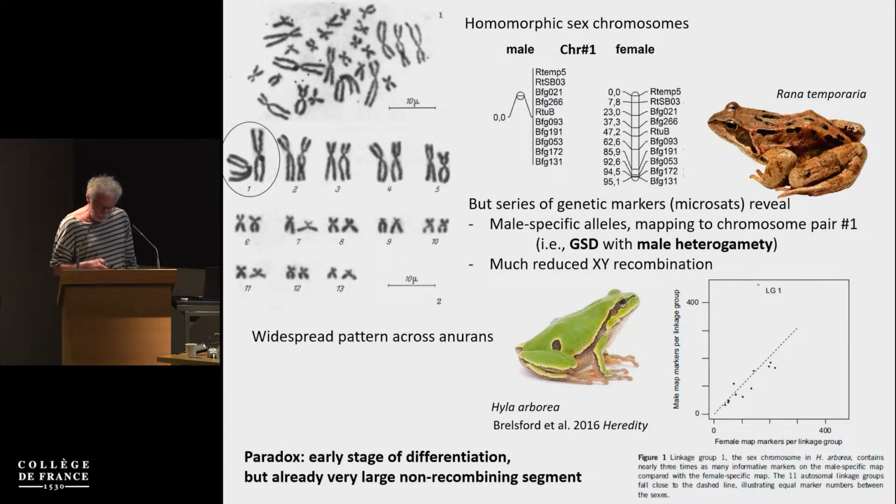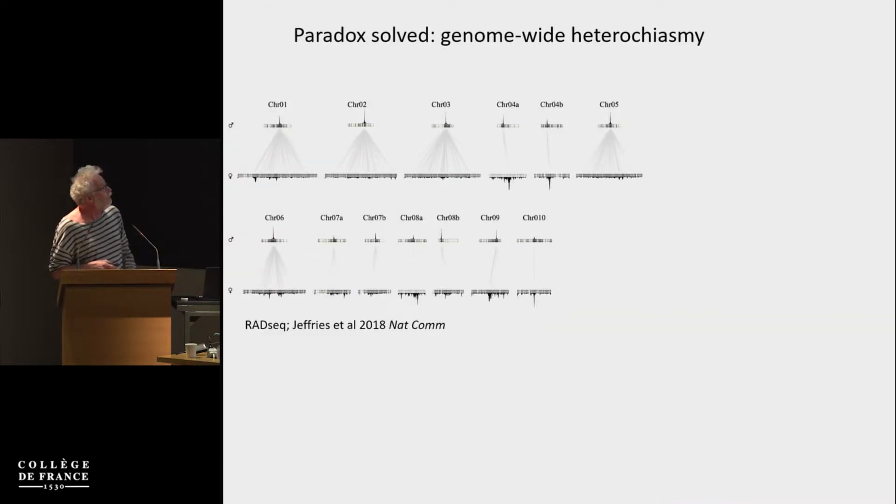So, as you can see, most of the chromosome is not recombining in males. And this paradox was solved when we found that this heterochiasmy, the fact that males and females recombine completely differently, is the same on all chromosomes. What you should see here is that for all chromosomes, this is a map for the female, and this is a map for the male.